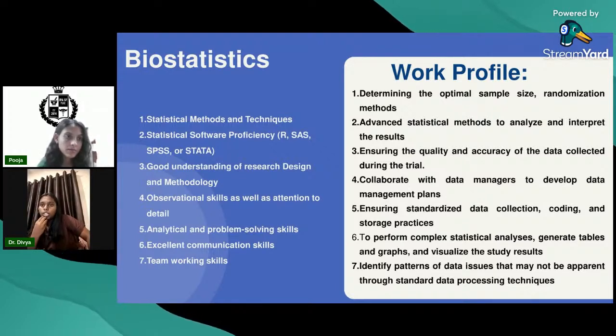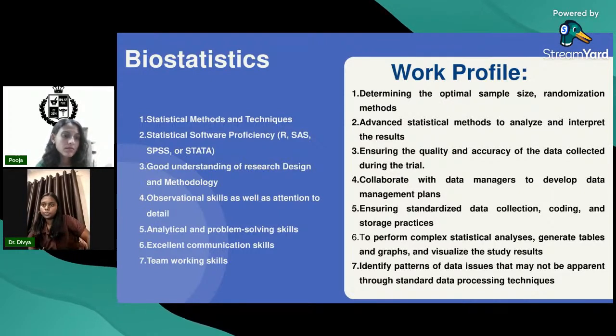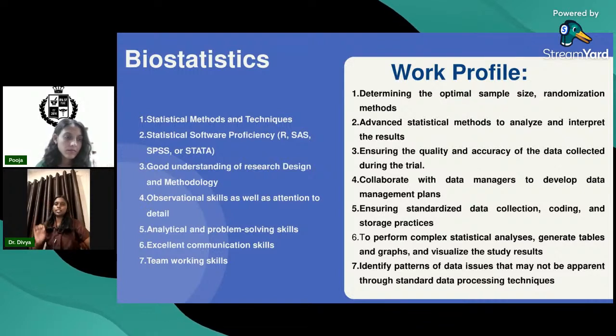Then you should also understand the research design and methodology, and only then can you design a randomization method or sample size. If you didn't understand the actual process of the trial, you will not be able to design the interpretation of the data. So firstly you should understand the research design.